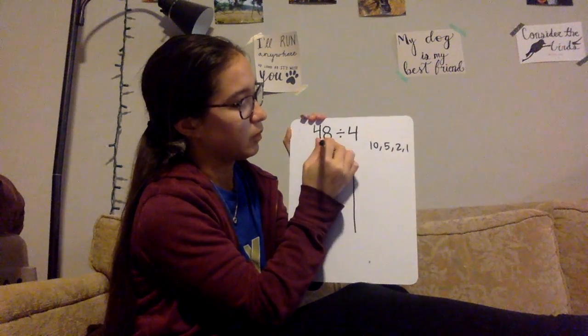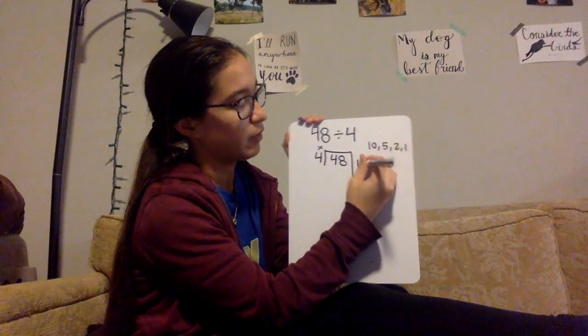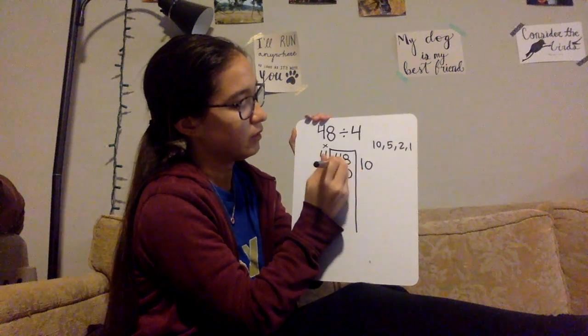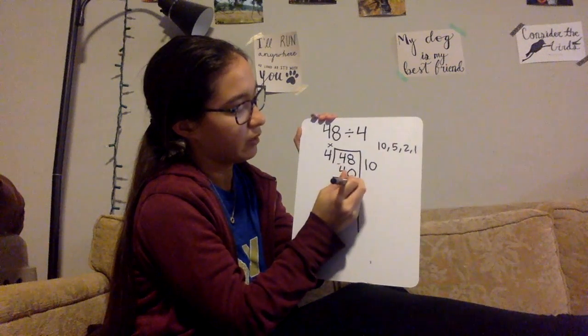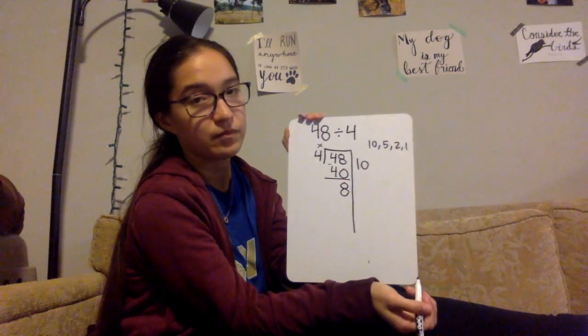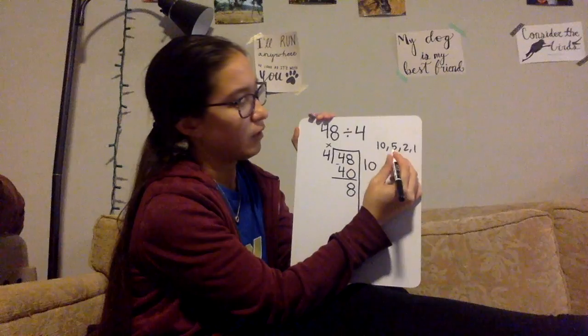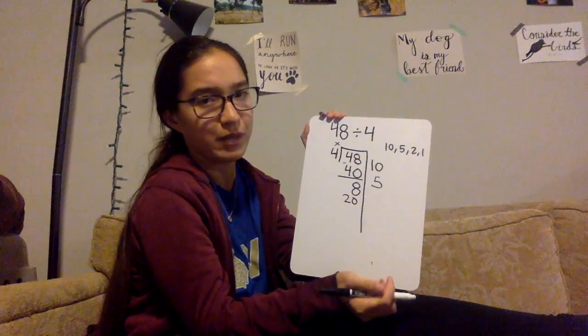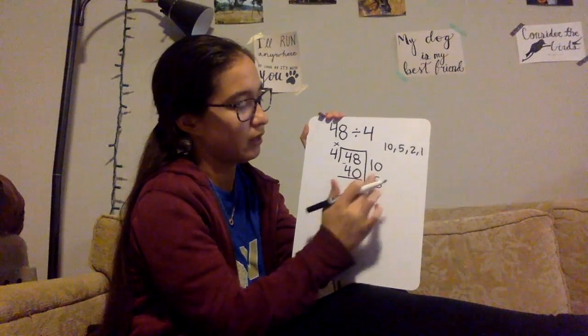Okay, I'll multiply by my biggest friendly number first, 10. 4 times 10 is 40. 48 minus 40 is 8. Okay, if I do 4 times 5, that's going to be 20. That's too big, so I know that I can't use that.